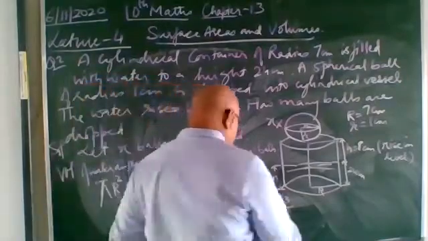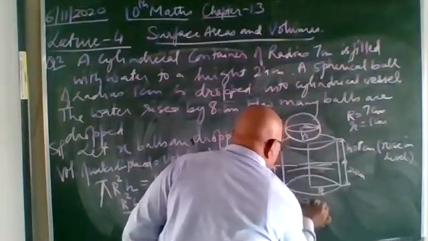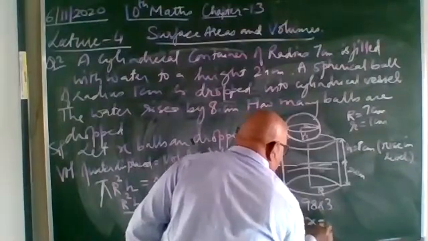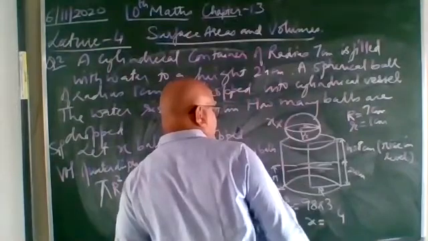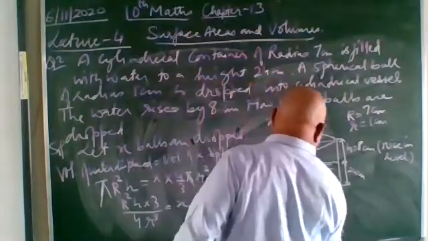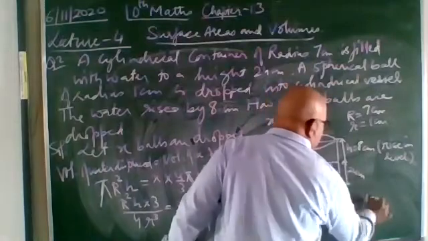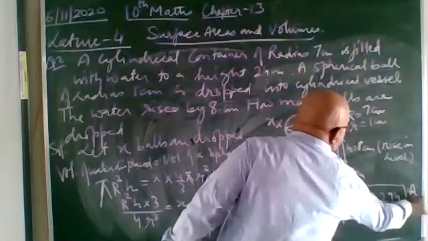Now x will be what? 98 into 3. So x equal to 3 8 are 24, 4 to carry, 3 9 are 27, 294. X equal to 294. This is the answer.